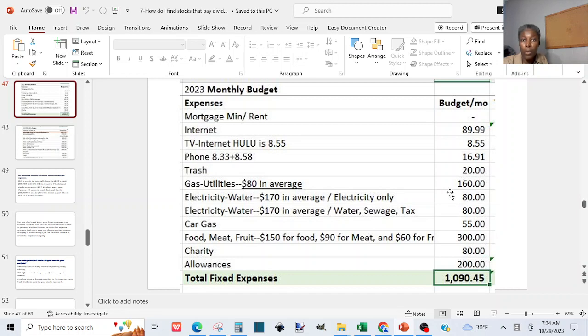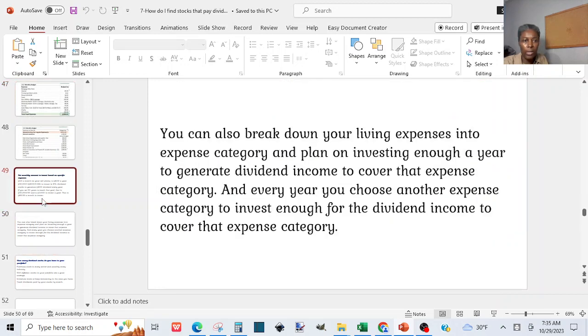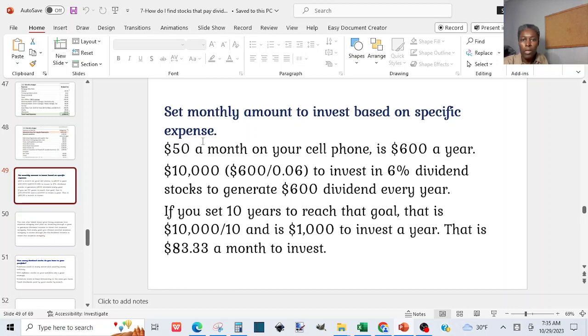You can turn it into a game. Let's say I'm paying, I don't know what kind of example to use here, but we can use this one. If you are paying $50 a month for your cell phone, that's $600 a year you'll be spending on phone.